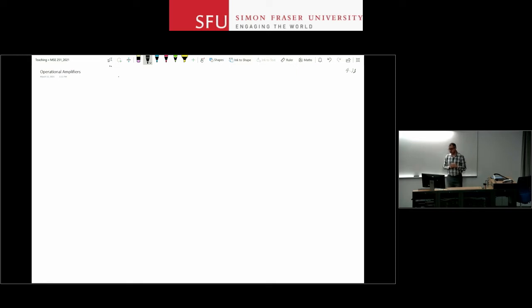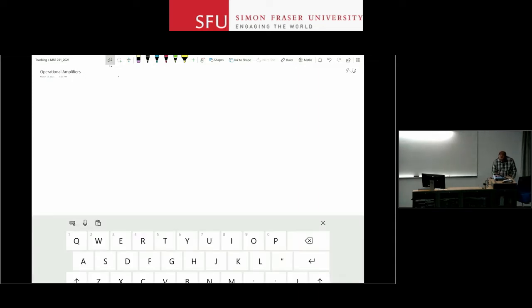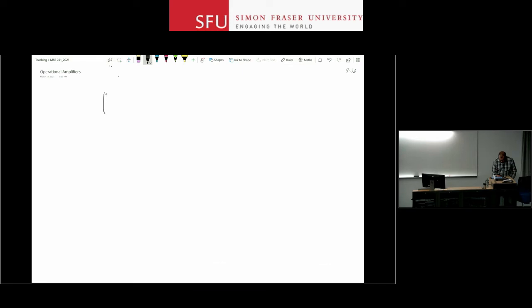So for a typical op-amp, this is the symbol that we use. A basic op-amp, when you look at the circuit equivalent or circuit model, is just this. You have two inputs, a non-inverting input and an inverting input.